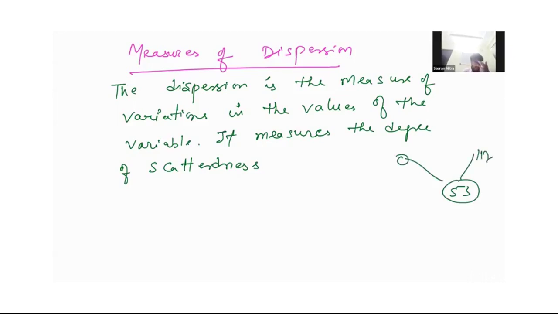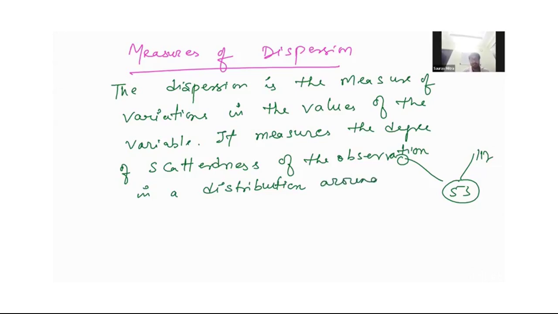So it measures the degree of scatteredness of the observations in a distribution around the central value.